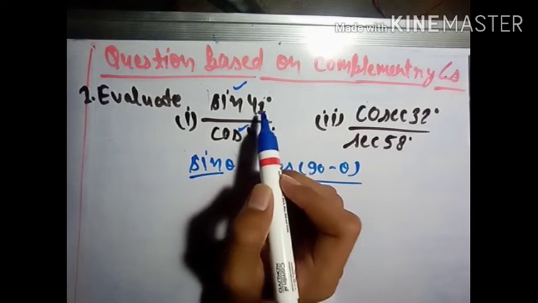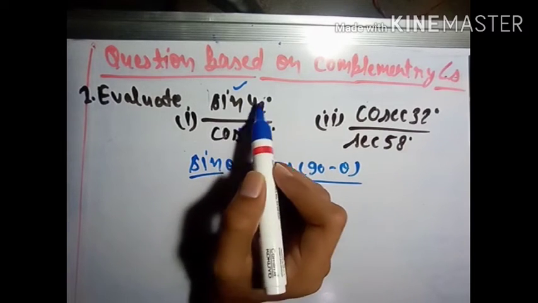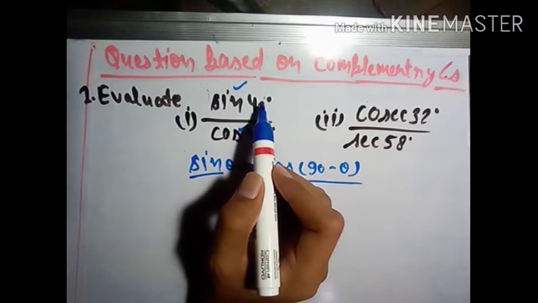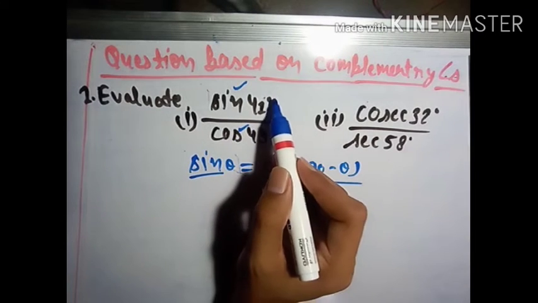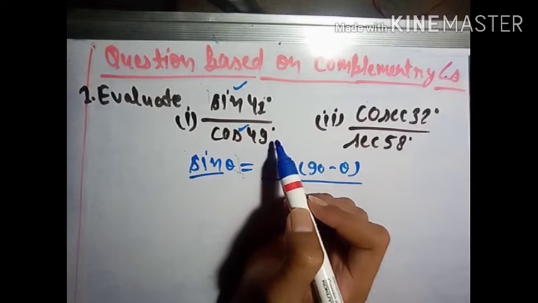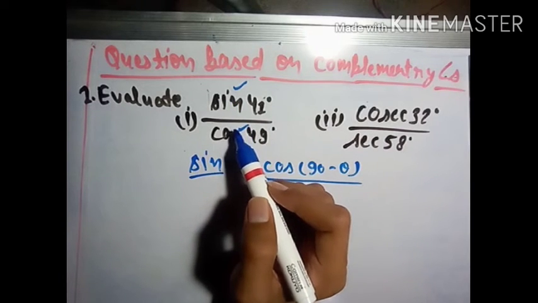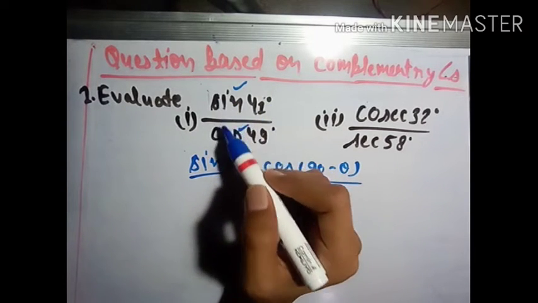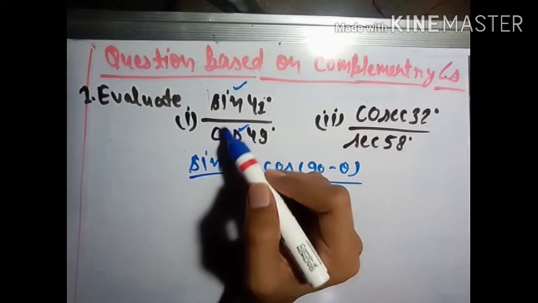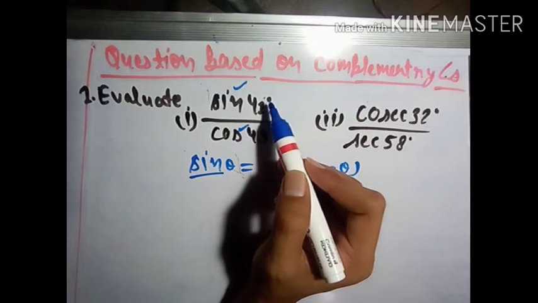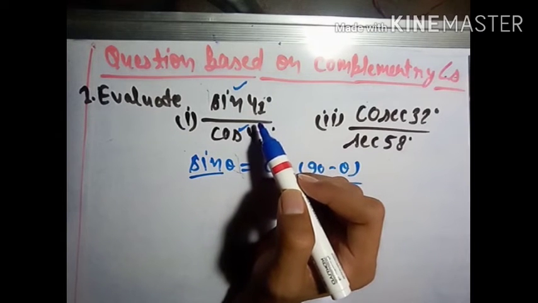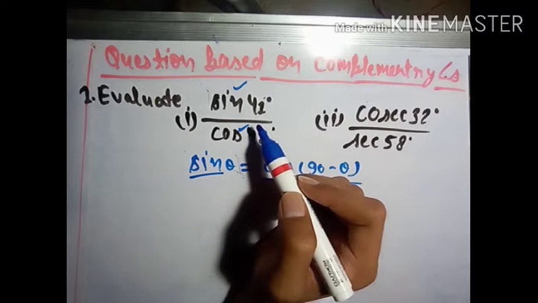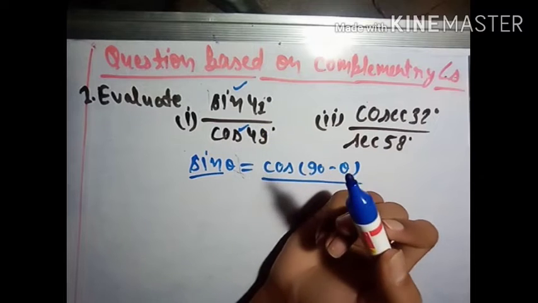So in case I am able to make this sin as cos, then cos and cos will cancel each other if their angle is the same, okay. These ratios cancel when the function is the same and the angle containing that function is the same. Only in that case will they cancel each other. Please note it down in your copy what I said.